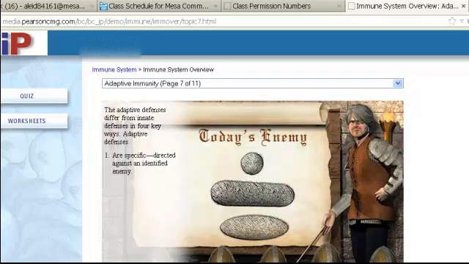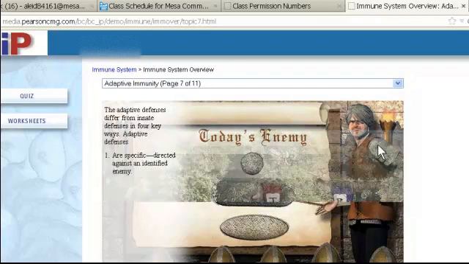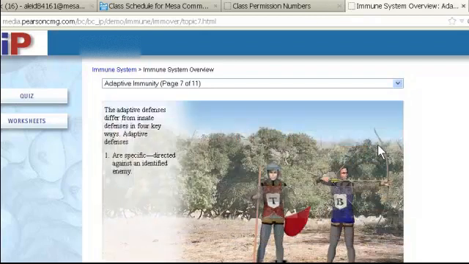And so it's directed against a very particular identified enemy, whether this is a virus or a bacterium, and what particular virus it might be. And so the different cells of the adaptive or the specific immune system have to be able to go and identify these different cell types, and then they have to be able to see exactly what it is.